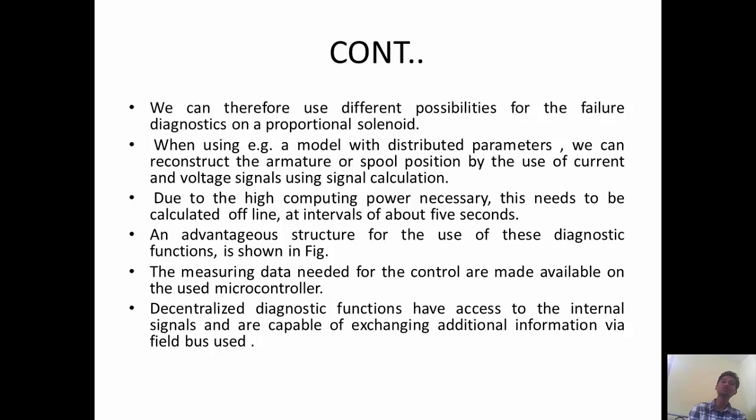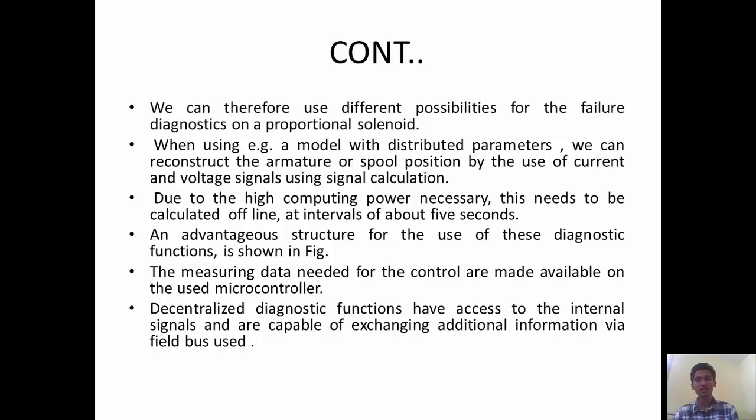I already discussed that for the signal using the voltage parameter, we can use the signal calculator. Due to the high computing power necessary, this needs to be calculated offline at an interval of about 5 seconds. So every 5 seconds this value is taken, so that the structure for the use of the diagnostic function can be acquired.